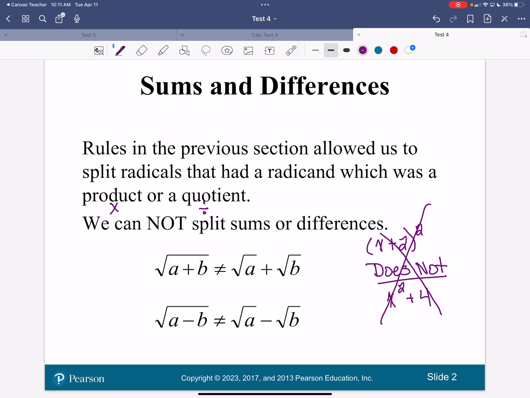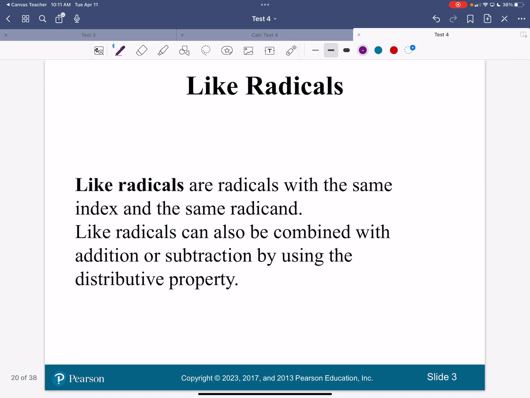Okay. So, like radicals are radicals with the same index and the same radicand. That means if I've got the square root of 3 plus 2 on the square root of 3, I have the same number here.